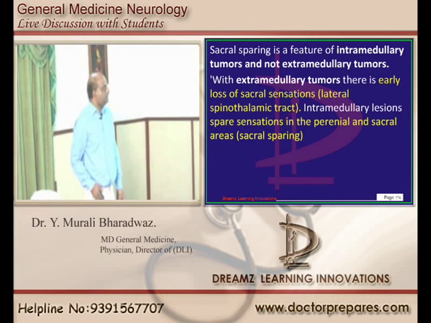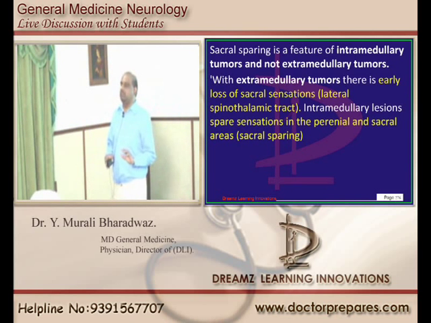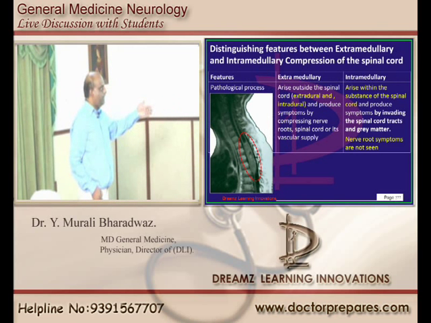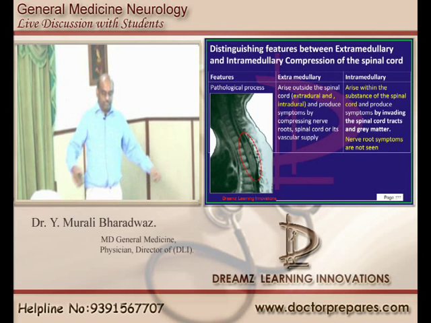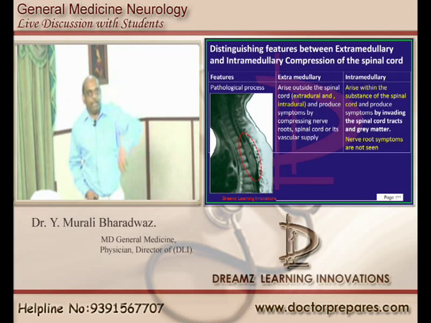Now, extramedullary versus intramedullary. Extramedullary means it is outside the spinal cord and it will produce the symptoms how? From the spinal cord you are having all the nerve roots which are coming, it will try to compress them and typically lead to problems, or the blood supply going to the spinal cord can be compressed by this extramedullary lesion, and it can lead to spinal cord involvement.